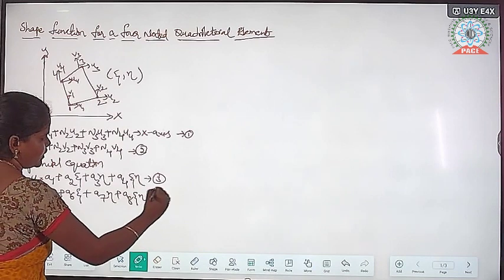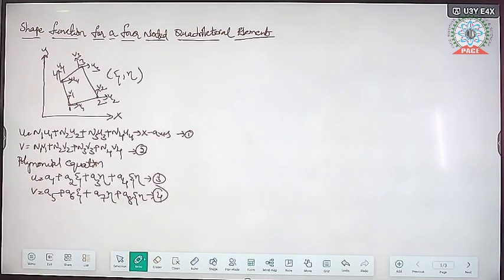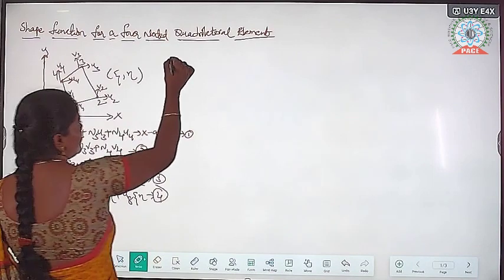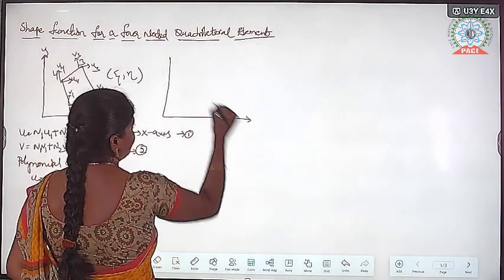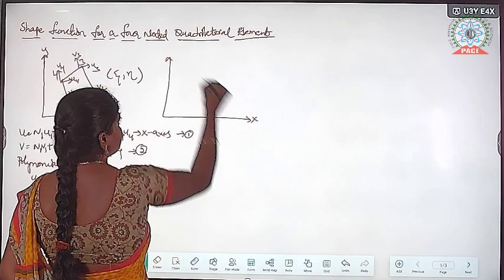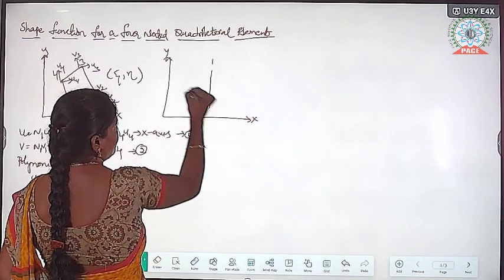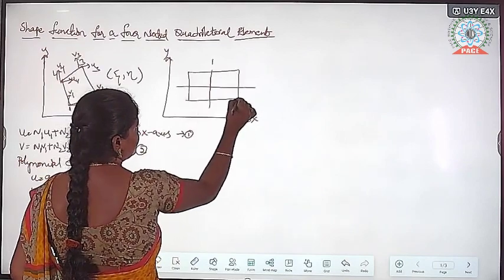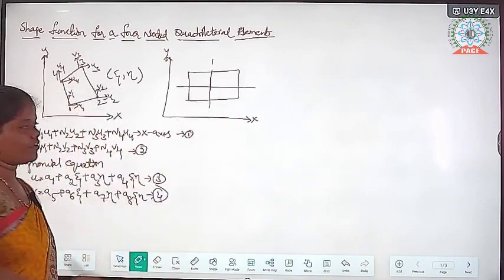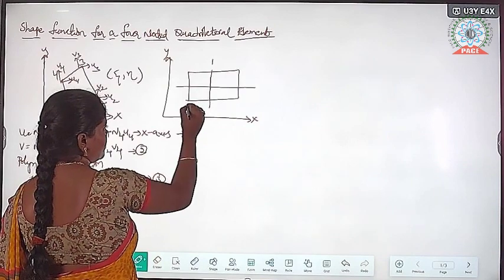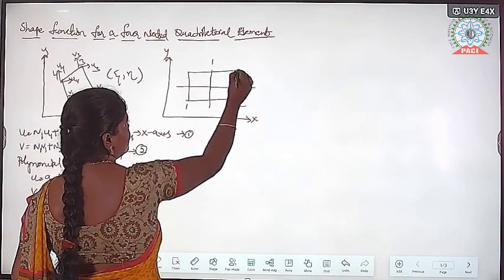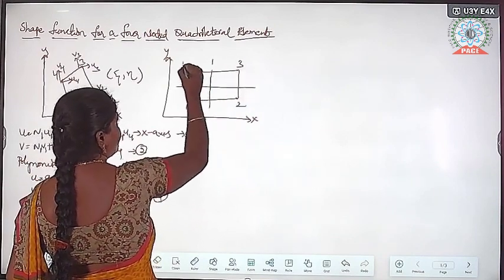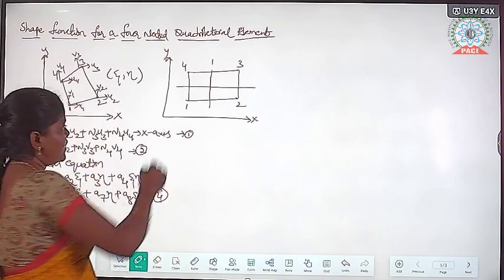For deriving this quadrilateral element, we take a rectangular element with coordinates. This is x and y. This is the rectangular element. First we represent nodes 1, 2, 3 and 4, and for these 4 nodes we take the coordinates.